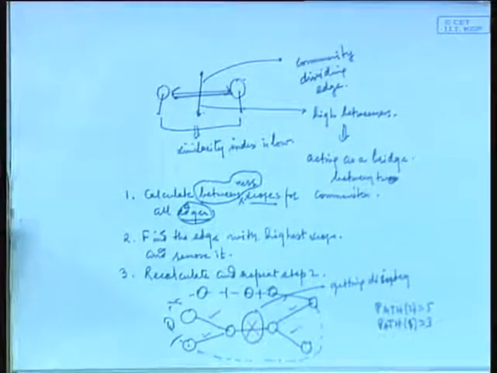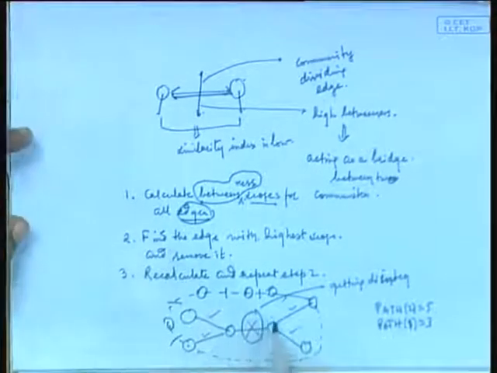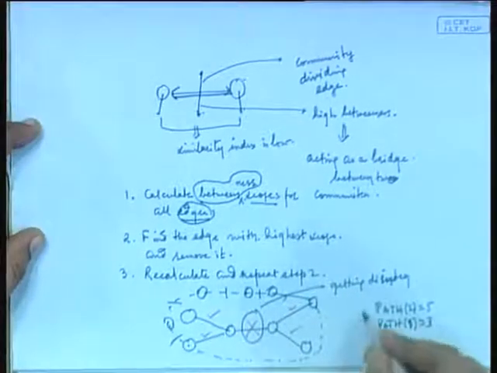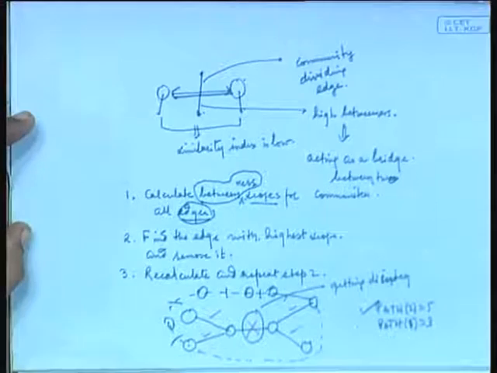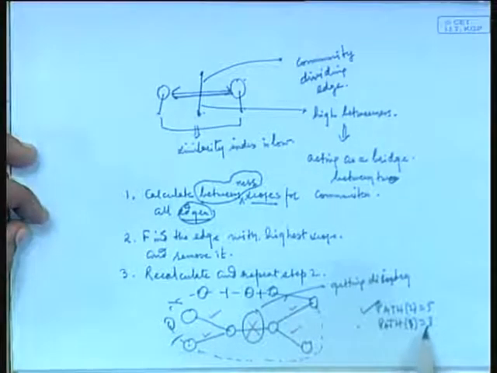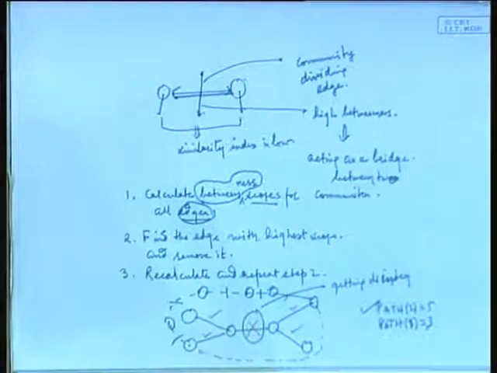Since path 1 has got disintegrated, because you have removed this edge, there is no path 1. So path 2 has become the shortest path now. The shortest path length was 3 previously, now it has become 5.